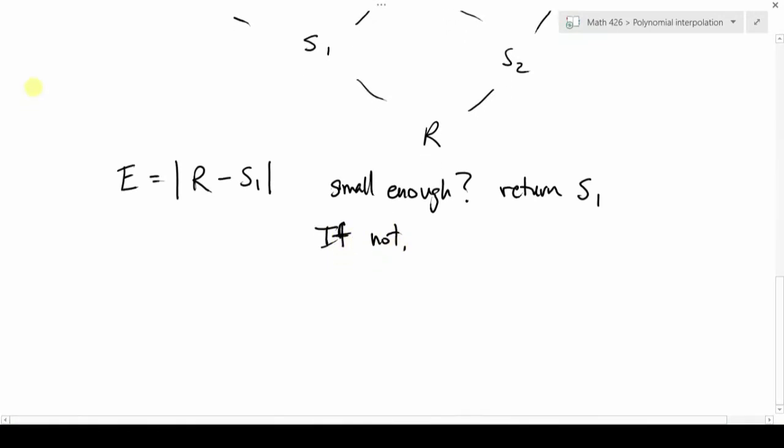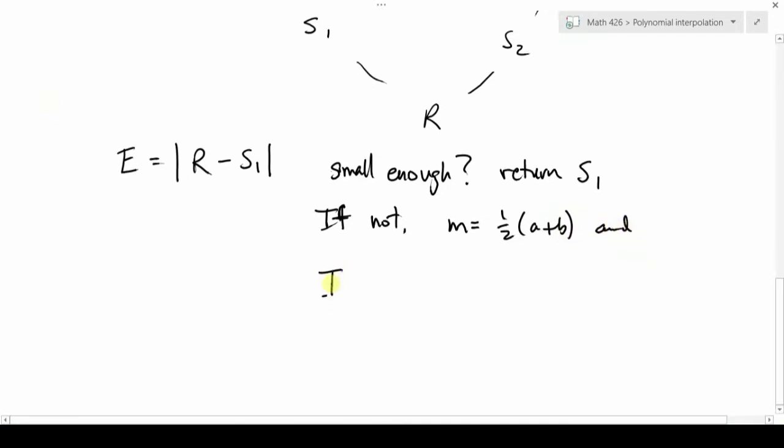If not, what we're going to do is we're just going to divide the integral. So we let m be 1/2 (a plus b), so the midpoint. And then I is just the integral from a to m plus the integral from m to b. So computer scientists know this as divide and conquer, right?